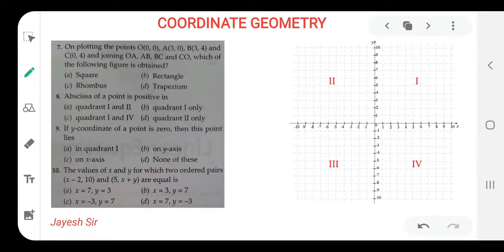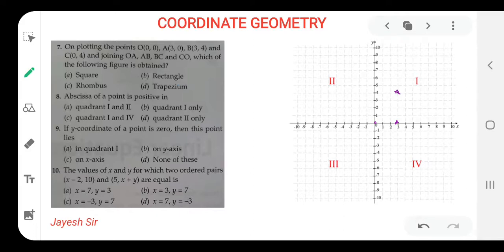So let us begin with the next MCQ, that is on plotting points. O is 0, 0, it is over here. The next point is A, 3 comma 0, that means the value on the x-axis is 3 and on the y-axis is 0, so it would be somewhere over here. Now point B, 3 comma 4, that means 3 on the x-axis and 4 on the y-axis, somewhere over here.